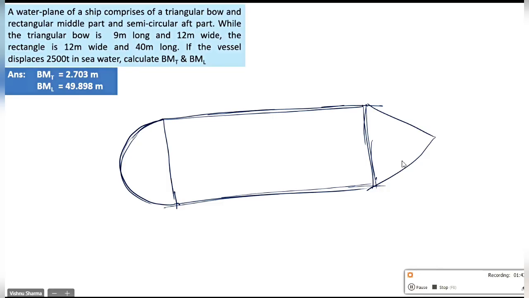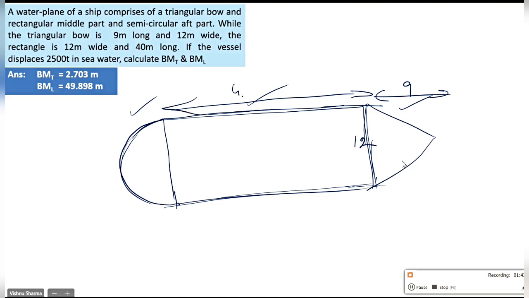Read the question, beta. A water plane of a ship comprises a rectangular middle portion and a semicircular aft, while the triangular bow is 9 meters long, so this is 9, and 12 meters wide. The rectangle is 12 meters wide and 40 meters long.